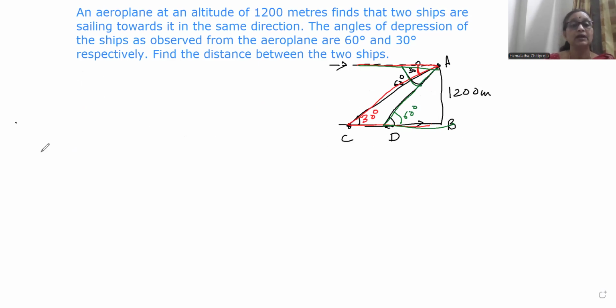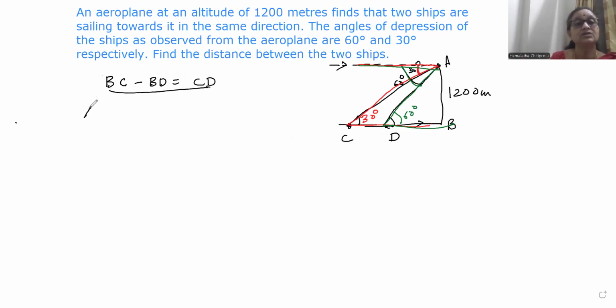Now I am going to take triangles ACB and ADB to find the distance CD. We find it as BC minus BD is equal to CD. This is what we need now.